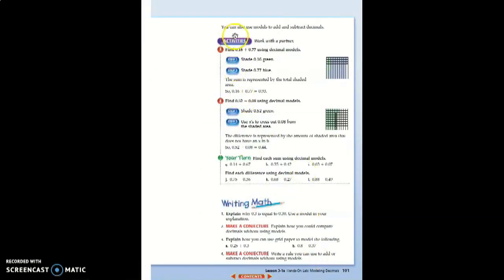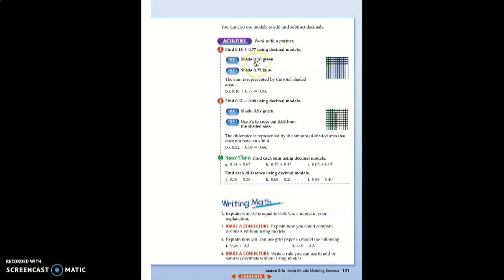You can also use models to add and subtract decimals. Activity: work with a partner. Find 0.16 plus 0.77 using decimal models. Step 1.